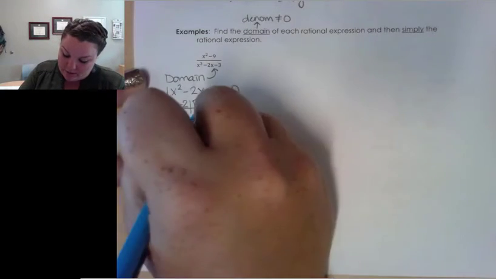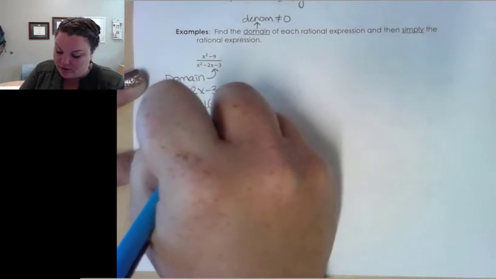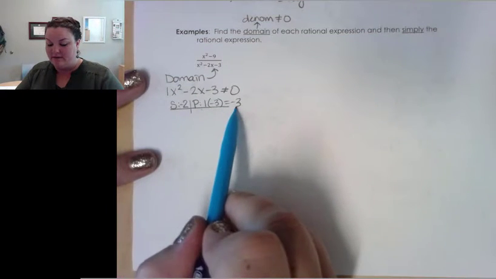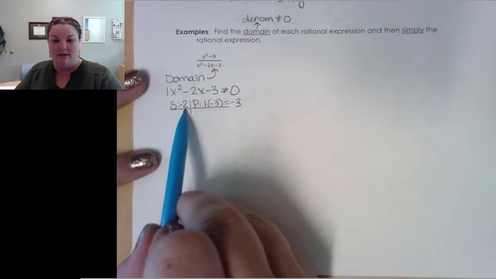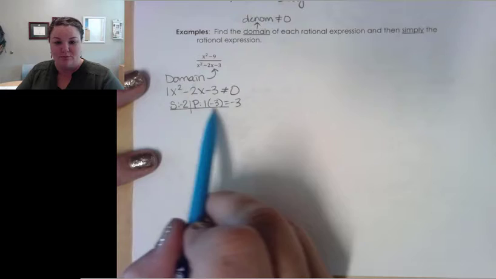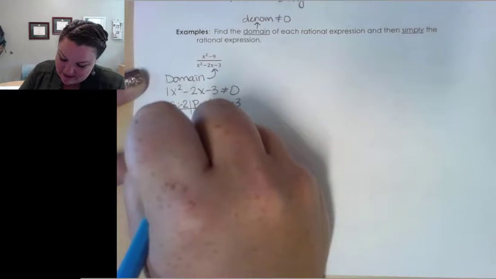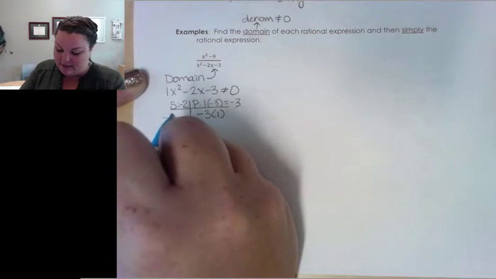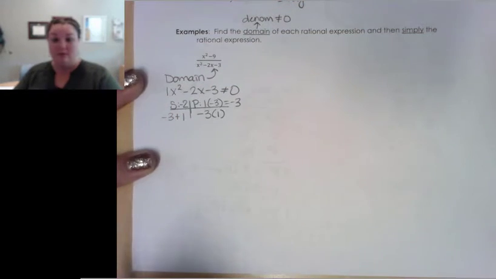So I do 1 times my last coefficient, which is -3. So I need a product of -3 that combines to -2. And actually the pairing that works is a -3 and a +1.